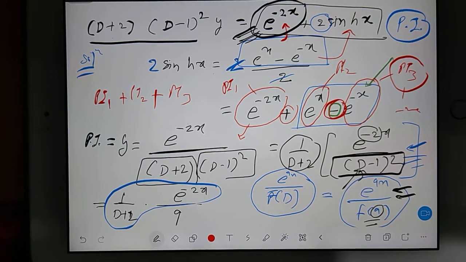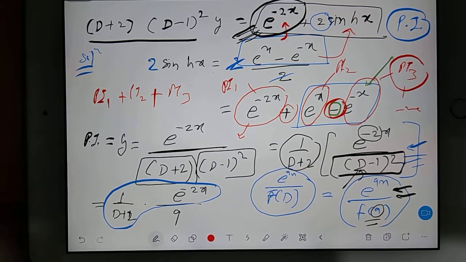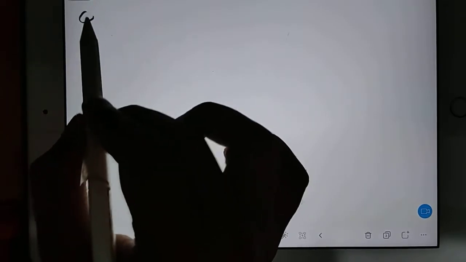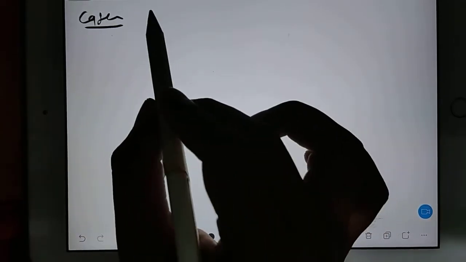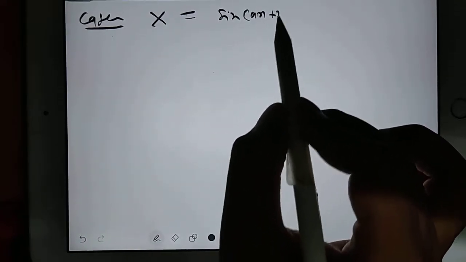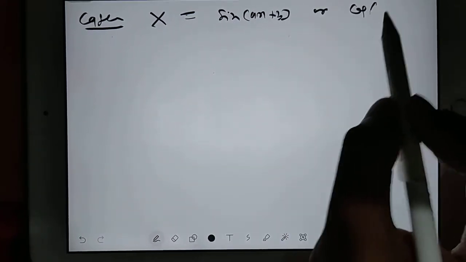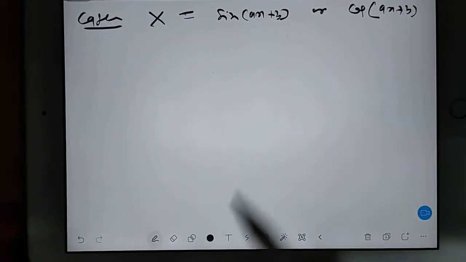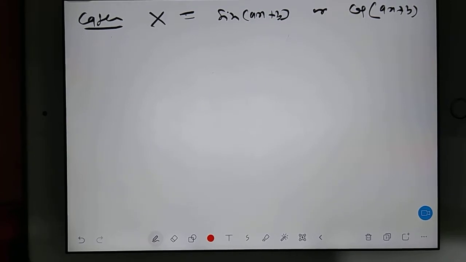Now we will change our question and topic. So now we will be discussing another case. In another case, your x value will be like sine ax plus b or cos ax plus b. We have same procedure.